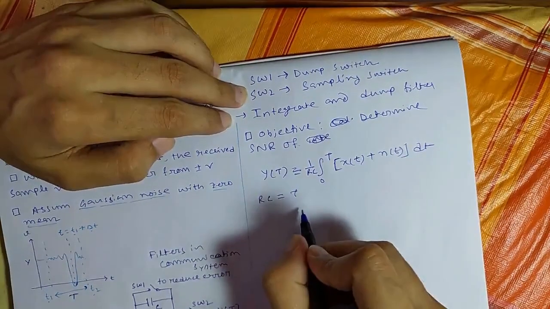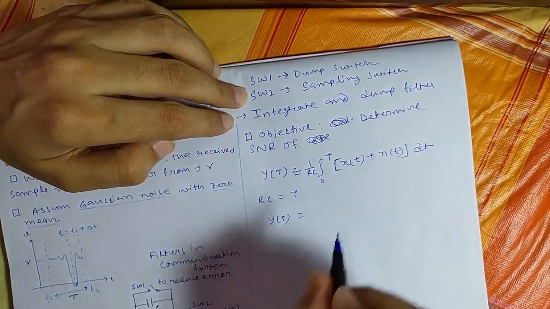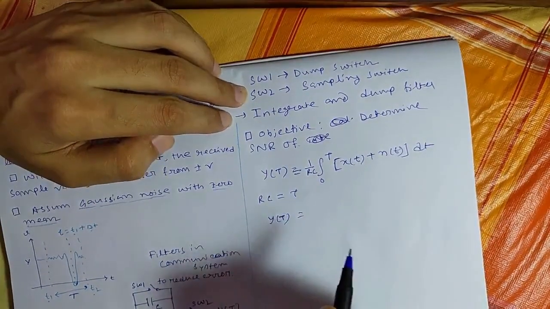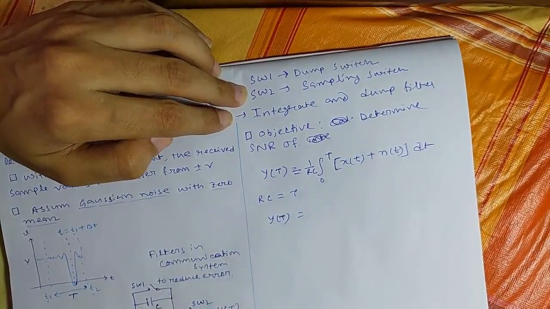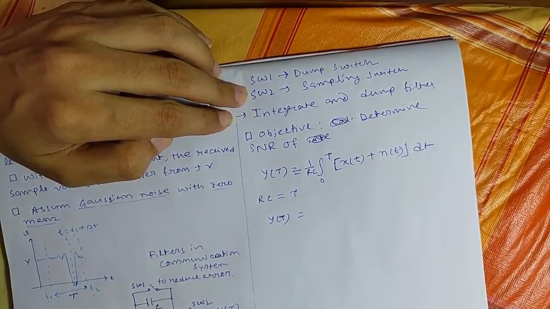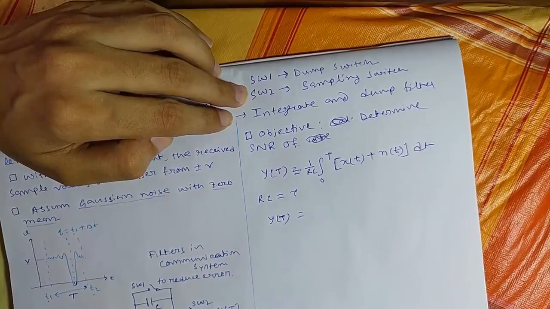Or you can write y(T) is equal to, note here we are using y capital T, not y small t. Y capital T represents the sample value after closing the switch. So these are the sample values, and these are the intermediate values.